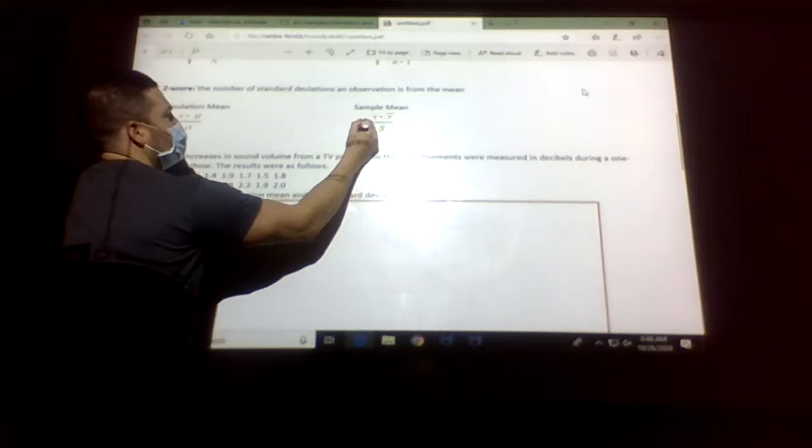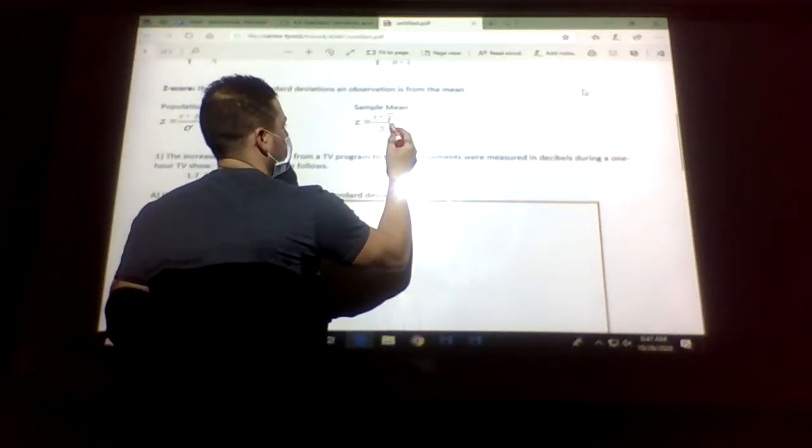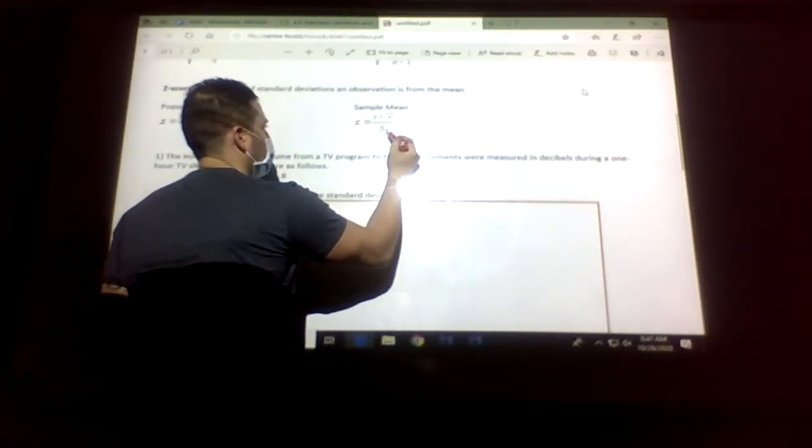These are Z's. For a population, it's x minus the average, mu, divided by sigma, which is your standard deviation. And for a sample, it's x minus x bar, which is your average again, divided by s, which is standard deviation. The exact same formulas, just different letters.